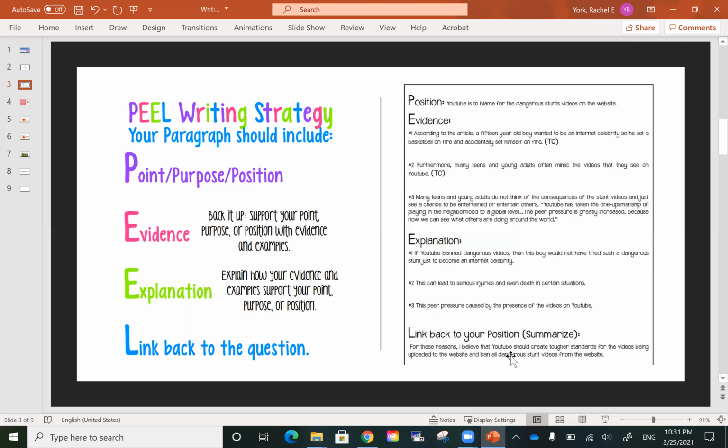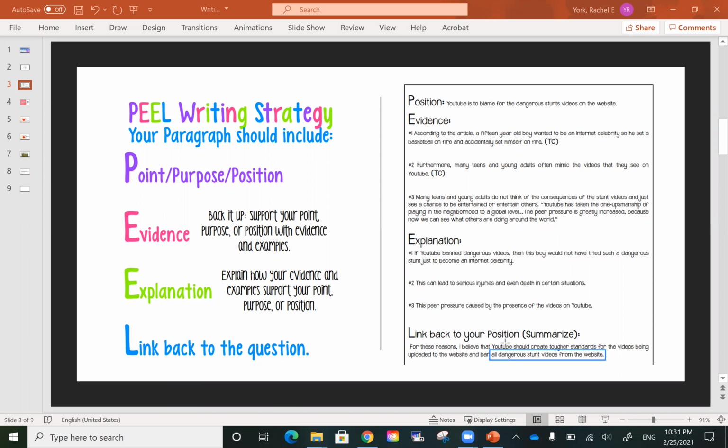It's not only giving a restatement here, that's what this is. Saying "all dangerous stunt videos from the website," that is alluding to, or referencing, how YouTube is to blame for the stunt sites.